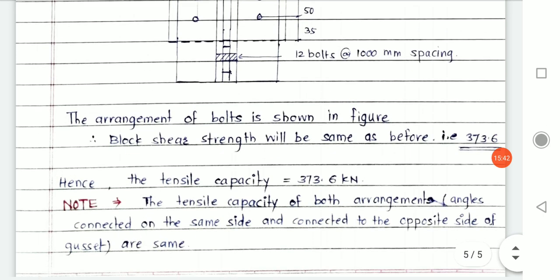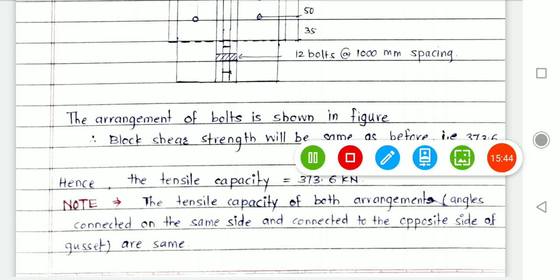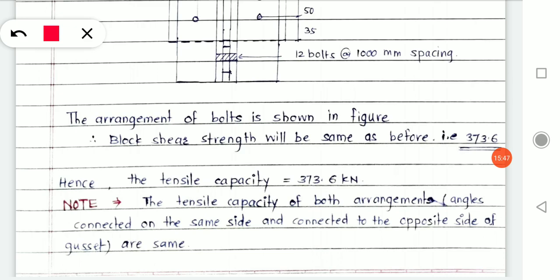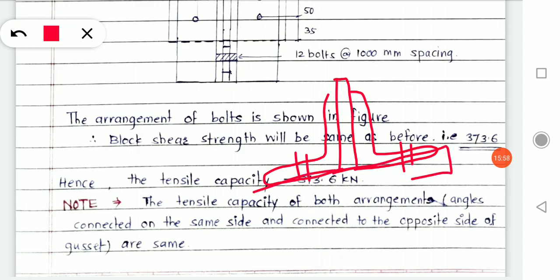And the arrangement of bolt is as shown in the figure, and due to this arrangement, what only changes? The bolt is placed in the bottom direction, and connected to the gusset plate. But as the angle is of equal length, bolts are of the same diameter, the whole dia will remain the same, gusset plate thickness is also the same, and the arrangement is as we did in the previous.